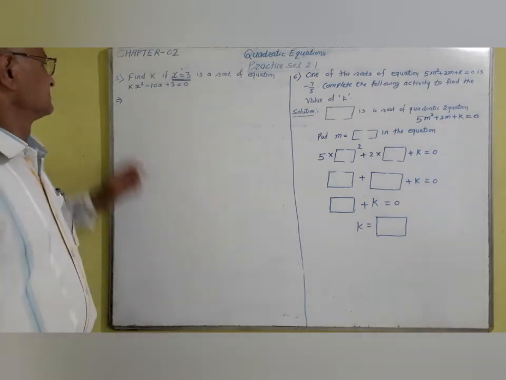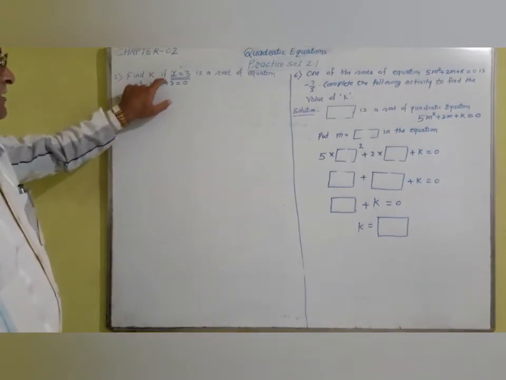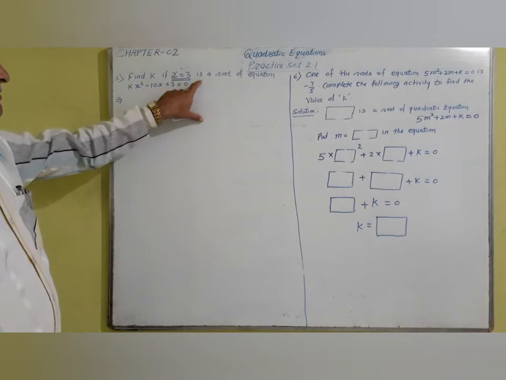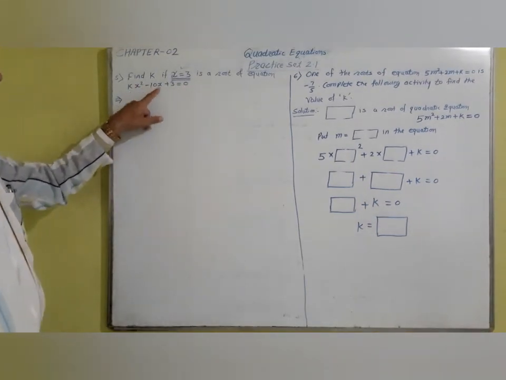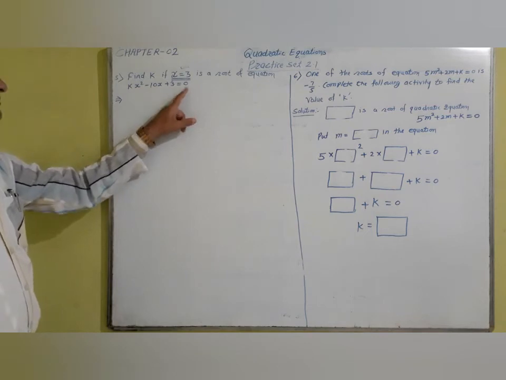Example number 5. Find k if x is equal to 3 is a root of the equation kx square minus 10x plus 3 is equal to 0.